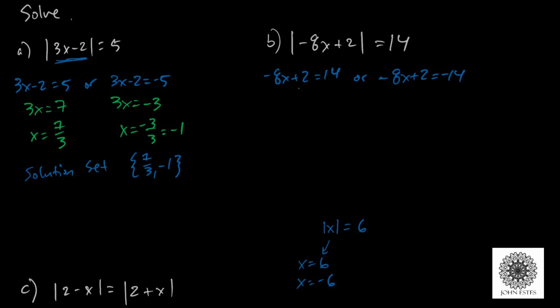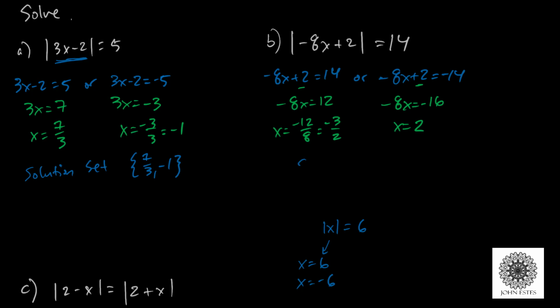The first one here, I'm going to subtract 2, so I end up with negative 8x equals 14 minus 2, which is 12. So x equals negative 12/8, which we can simplify. I can divide by 4 and end up with negative 3 over 2. Now on the right equation, I'm going to subtract 2 and end up with negative 8x equals negative 16, or x equals a positive 2.